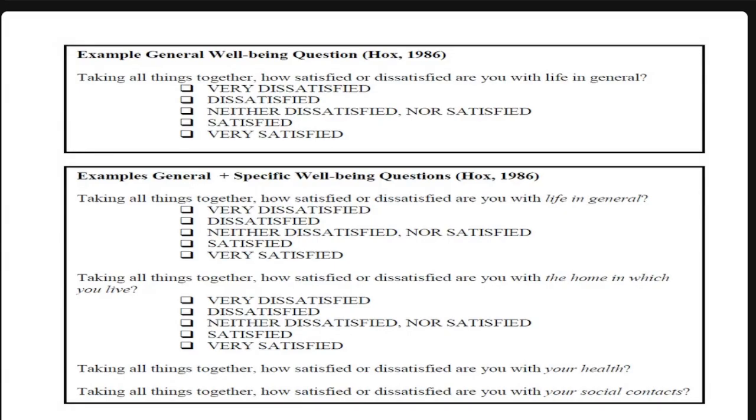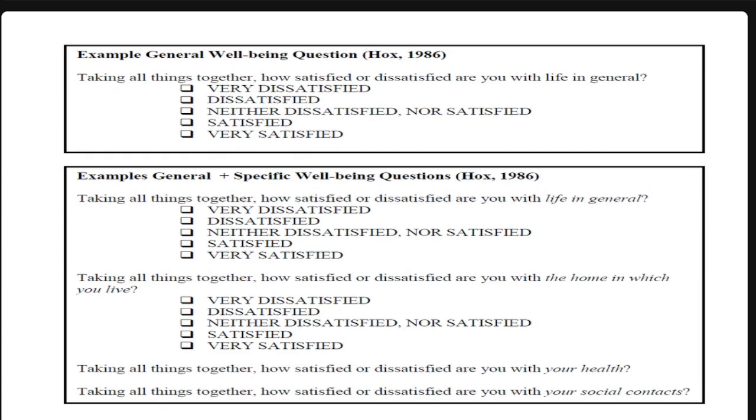Similarly, you can ask about the health, how satisfied or dissatisfied the individual is with his own health, his social networks or social contacts, his political environment, and the natural or physical environment where he or she is living. So there can be a lot of questions about satisfaction or dissatisfaction with life, related to the various dimensions of well-being.